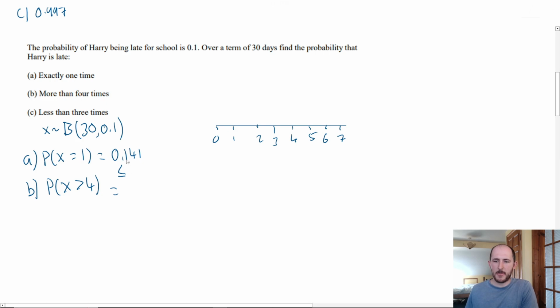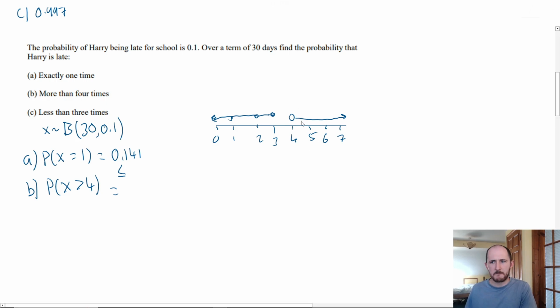How can I make this less than or equal to? We want the probability that all of the numbers are greater. Well, we want more than 4. But the problem is we can only go from 0 upwards. So what we could do is work out all of these values here, and take it away from 1.